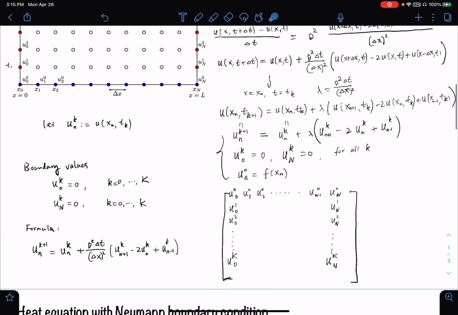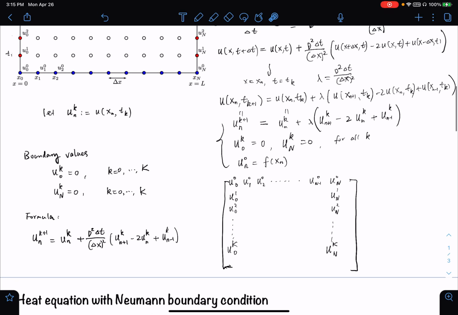As a side note, there are some conditions that guarantee the stability of the finite difference scheme. And the stability of a finite difference scheme is a desirable property.